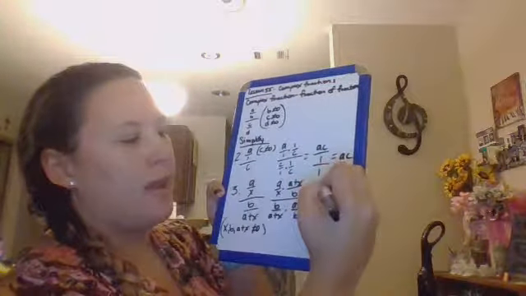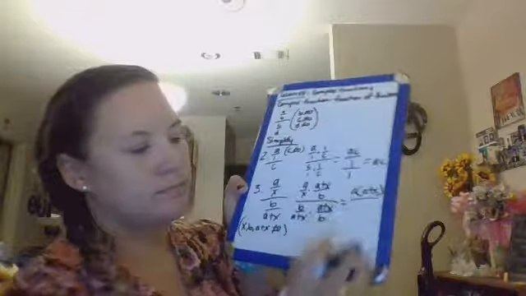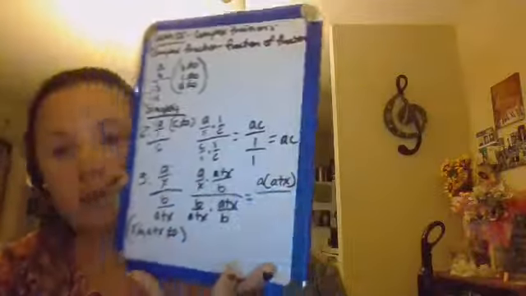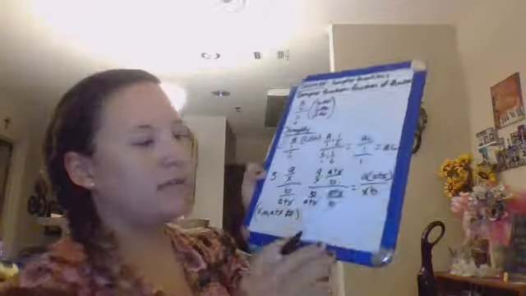On the top, we're going to have A over A plus X, and it's going to be over XB.